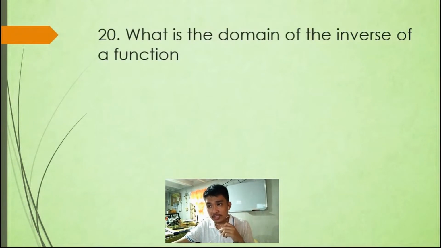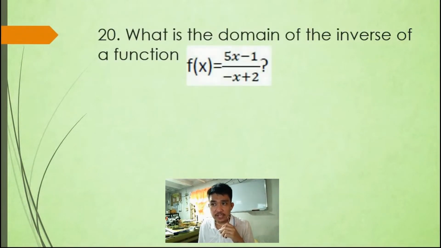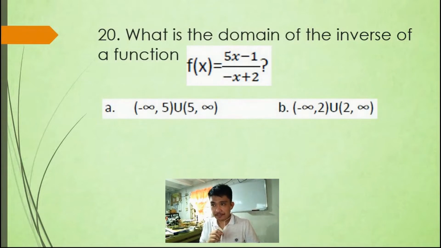Number 20. What is the domain of the inverse of a function f of x is equal to 5x minus 1 over negative x plus 2? Letter A. Negative infinity to 5 union with 5 to positive infinity.